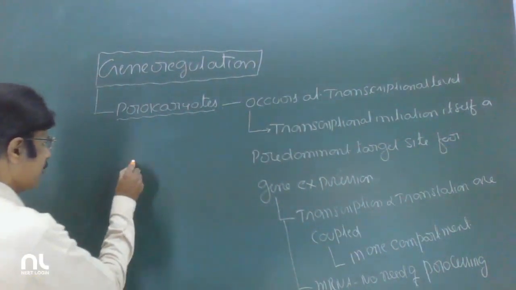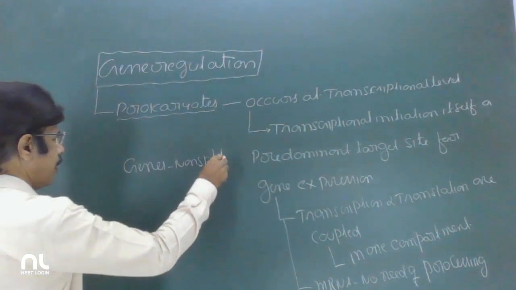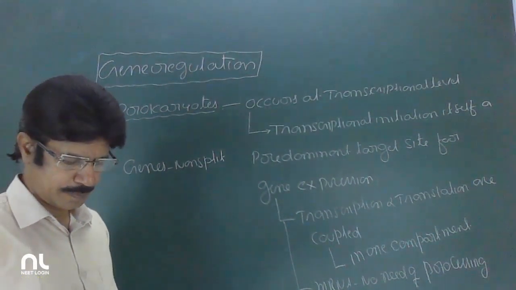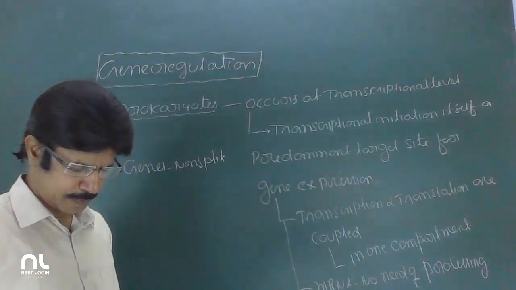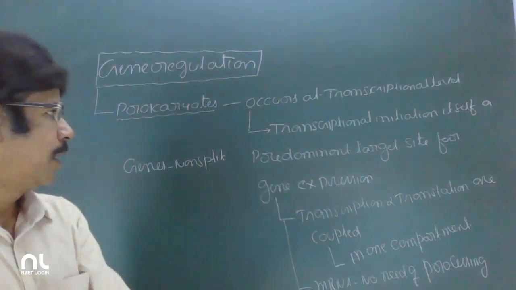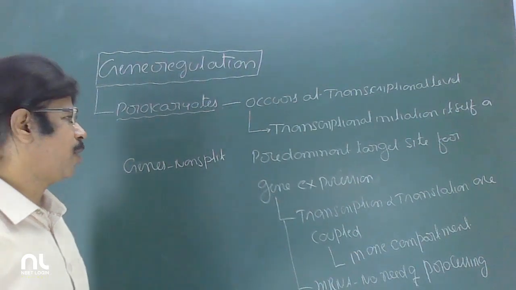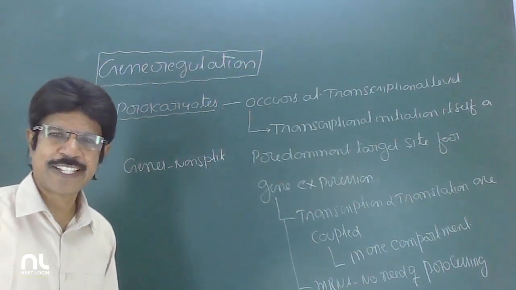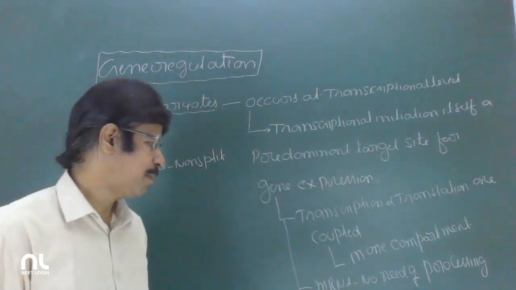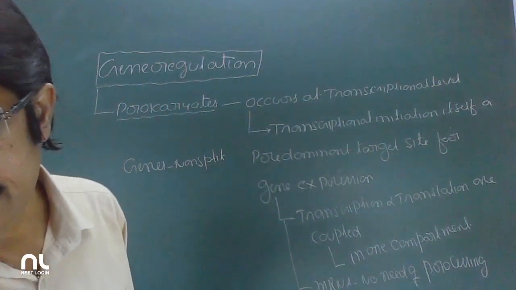For this point, genes are non-split. This is the point. So in prokaryotes, transcription initiation itself is a predominant target site for control of gene expression, because both are coupled in one compartment and mRNA does not need any processing. Okay.